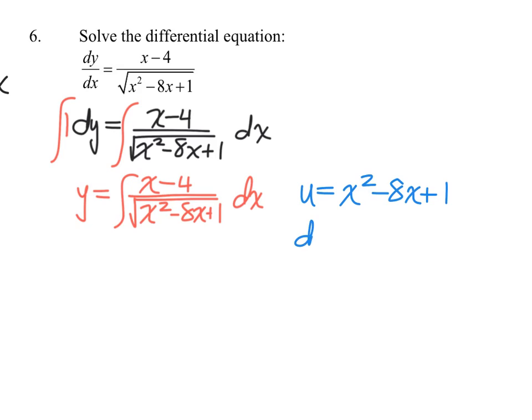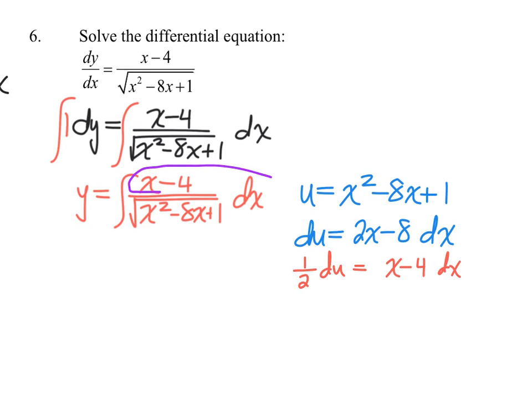All right, so du is equal to 2x minus 8 dx. And that's great because that's a constant multiple of x minus 4. It's exactly double it. So chop this in half. We'll be looking at 1/2 du is equal to x minus 4 dx. That's the thing we want to get rid of. Well, one of the things we want to get rid of.